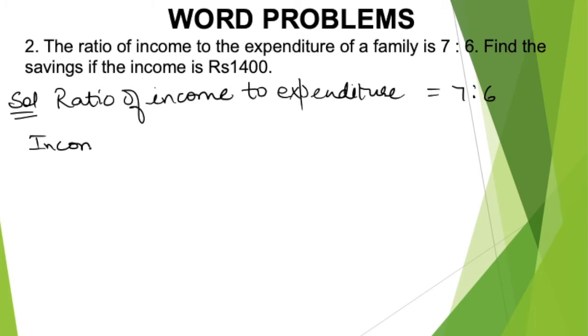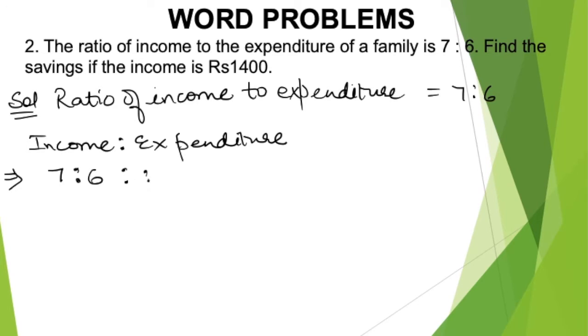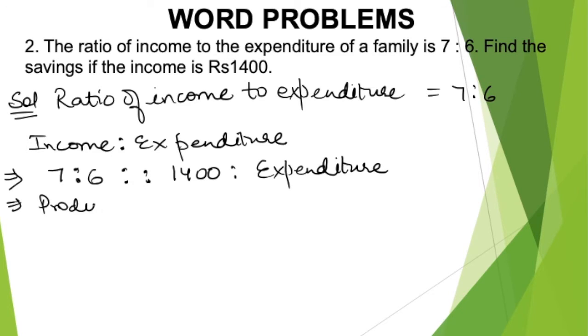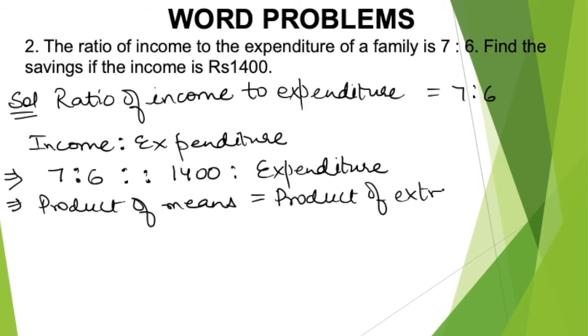So let's compare these. Income ratio expenditure can be expressed in the form of proportion, which can be written as 7:6 is proportionate to 1400, which is given as the income ratio expenditure. So when we apply the result, product of means is equal to product of extremes.